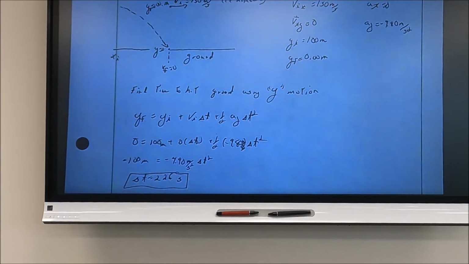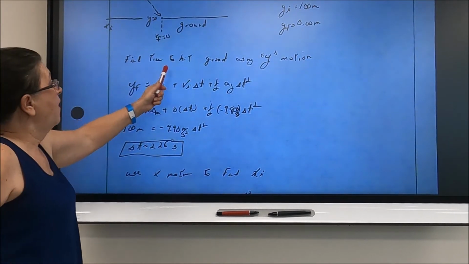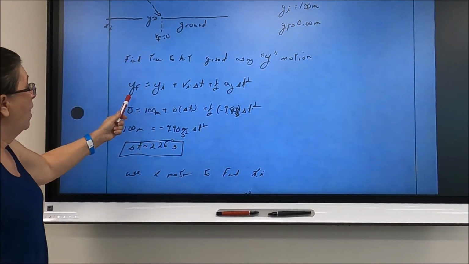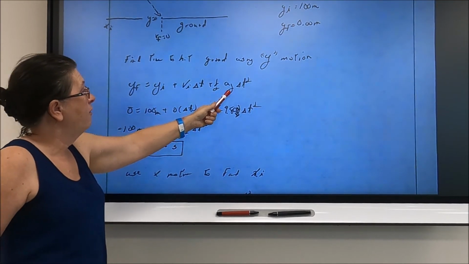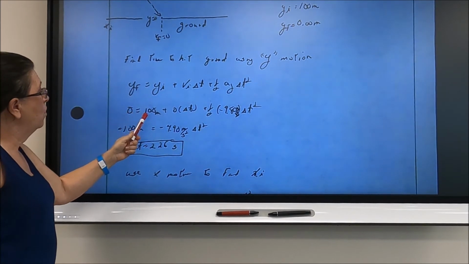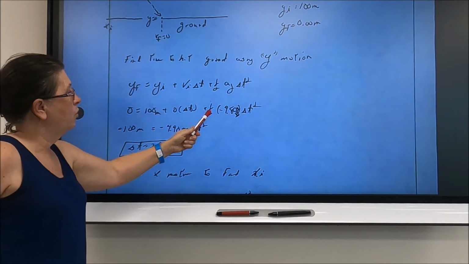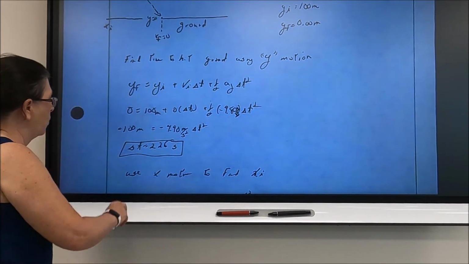If we scroll up here, I'm going to find the time to hit the ground using the y motion. So y final equals y initial plus v initial delta t plus 1/2 ay delta t squared. So 0 equals 100 meters plus 0 delta t plus 1/2 times the minus 9.80 meters per second squared delta t squared.